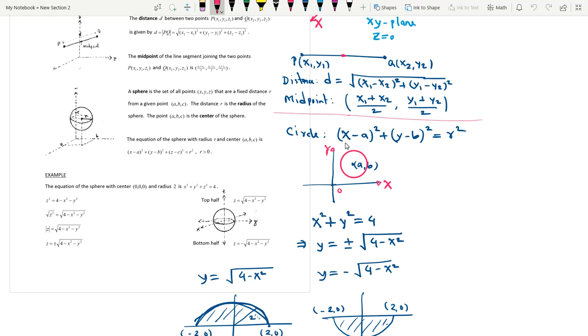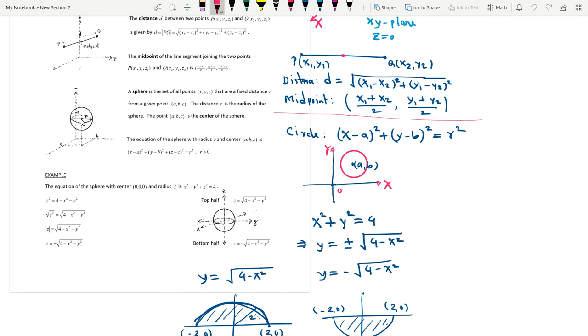Now in 3 dimension, it becomes a sphere. Now the center of the sphere is (a, b, c) and radius r. This is the origin. You will go a unit along the x-axis, b unit along the y-axis and c unit along the z-axis.